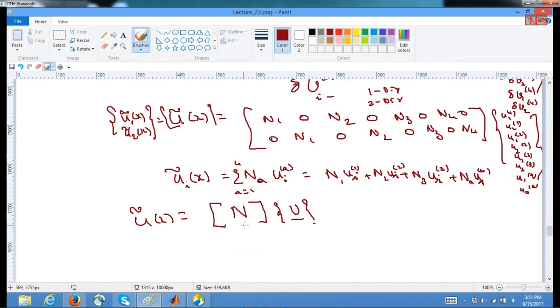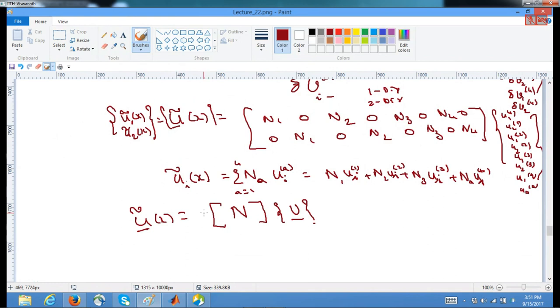So this is a better way to write my u tilde, which is itself a vector. It has the first direction and the second direction. In other languages, we generally call it u displacement and v displacement. Instead, I would prefer to call it u1 and u2. This is just a notational change, nothing big.